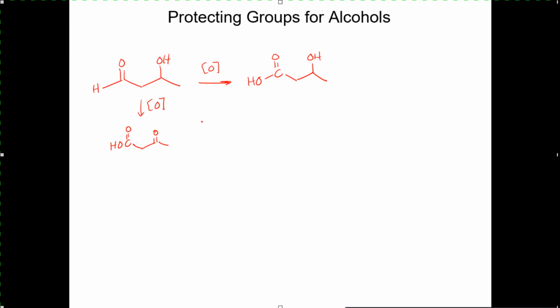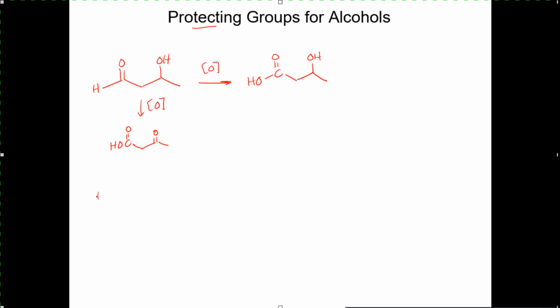So this is where in organic synthesis, there's a term called protection. What I'd like to do is convert this alcohol into something else that won't oxidize and then somehow get it back.